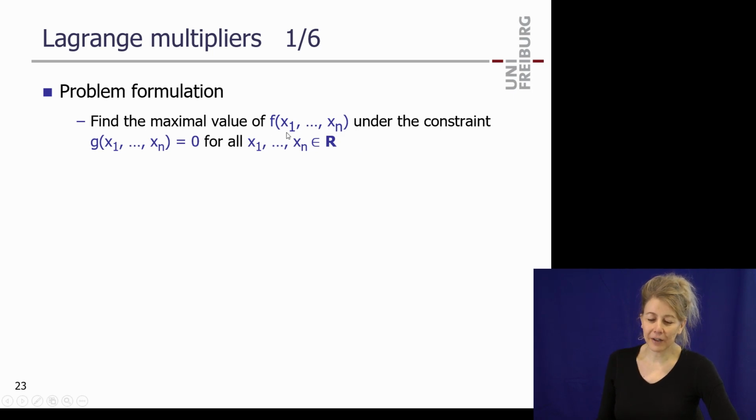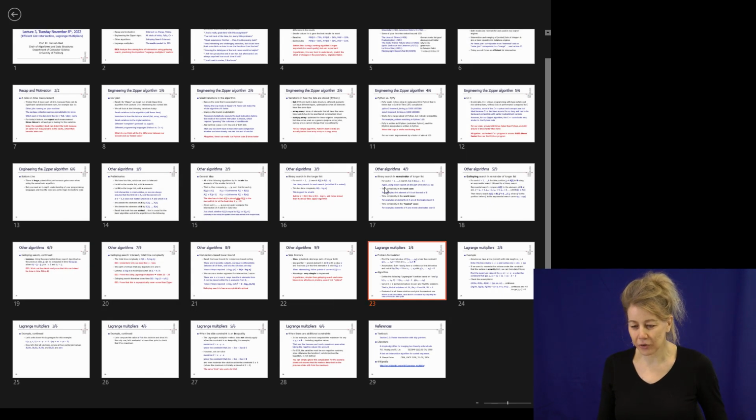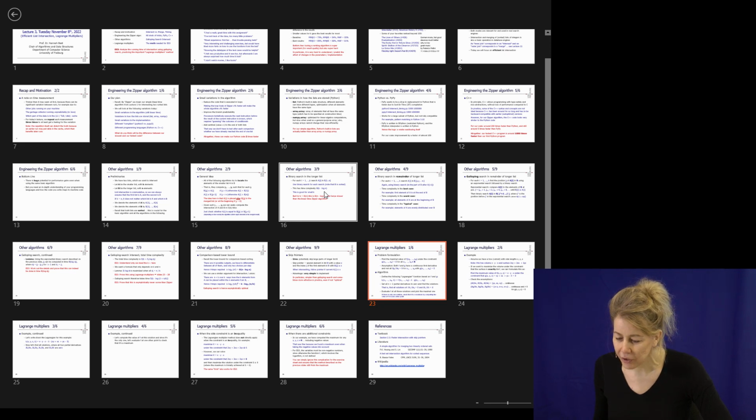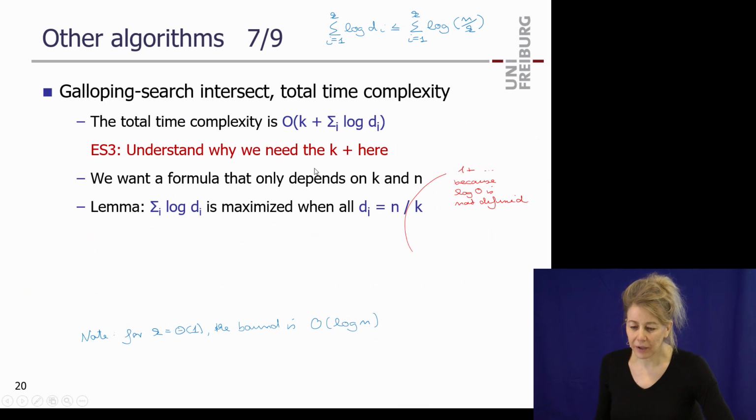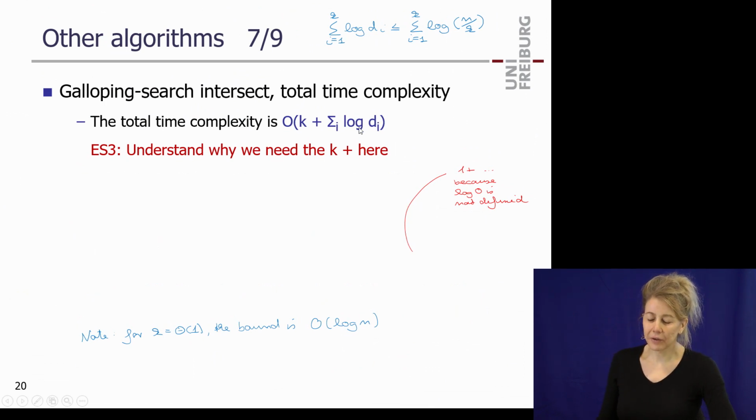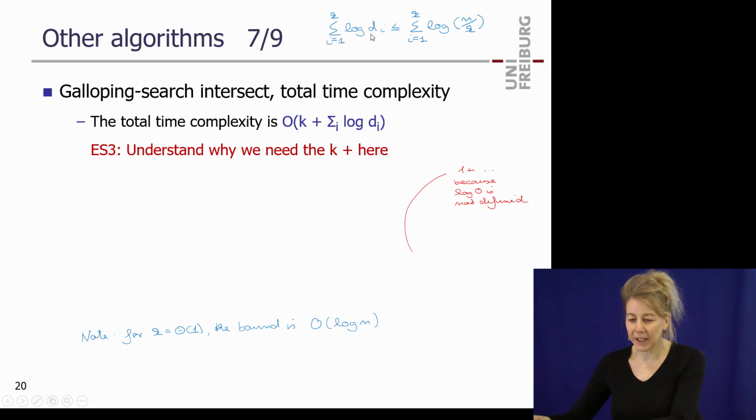It's finding the maximum value of a function under a certain constraint. And maybe, to give you a hint of why this is relevant, here we wanted to find the maximum value of this sum of log d_i.